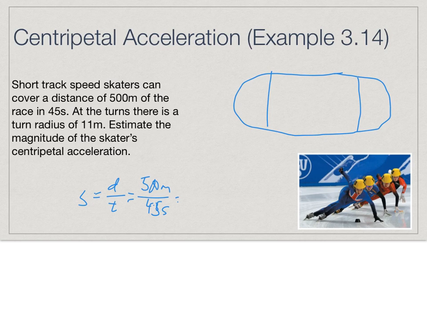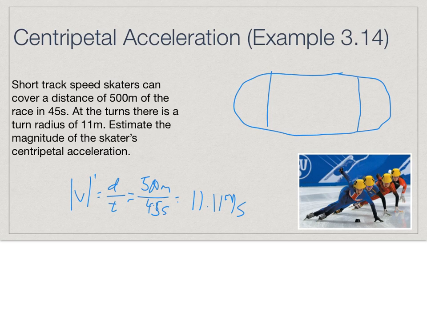So 500 divided by 45 means 11.11 meters per second. Okay, that is my speed around the track, or you could say velocity, or the absolute value of my velocity, independent of direction.